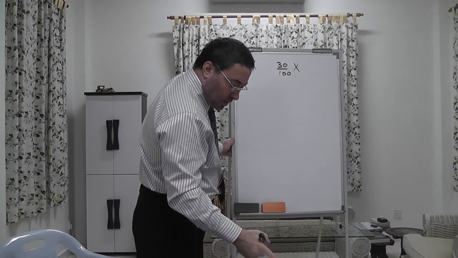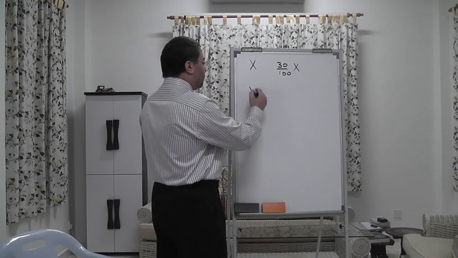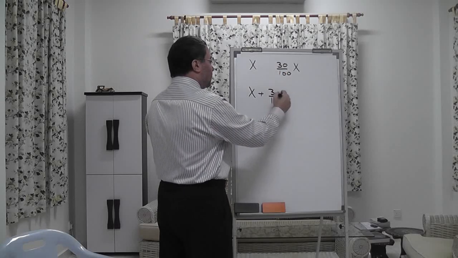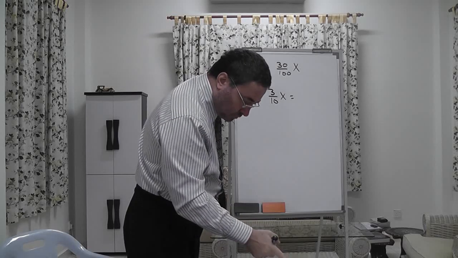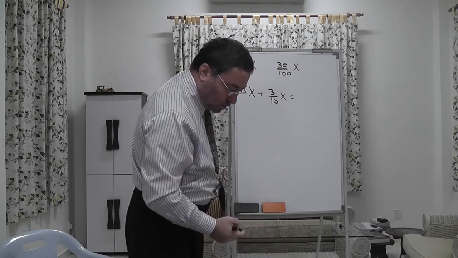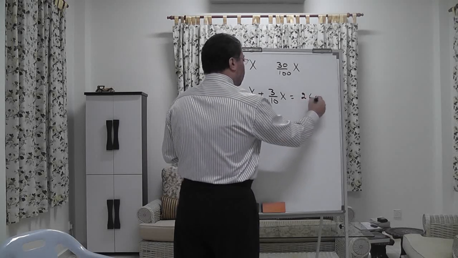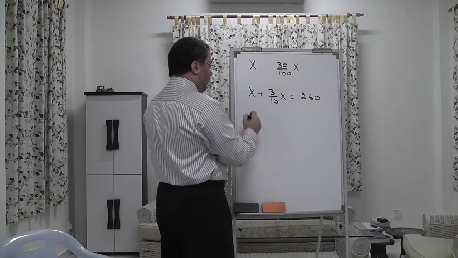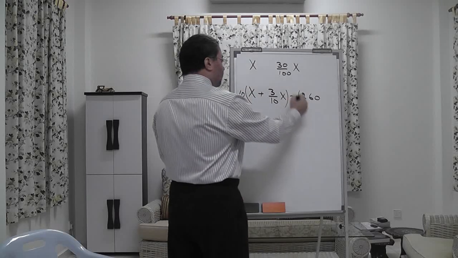Now, if the profit is added to the original price, we will cut this right away, 3 over 10X. That's equal to the selling price, which is 260. In this case here, it's easier to multiply by 10, both sides. So multiply by 10.